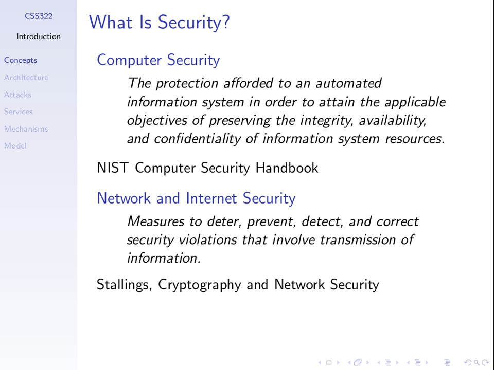So there's a definition of computer security. Maybe keywords in there that we'll need to explain in this lecture. What do we mean by preserving the integrity of the information sources, the availability and the confidentiality?